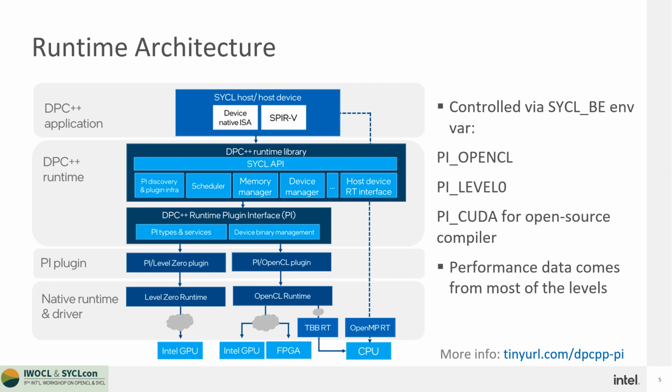The software runtime has a quite complicated architecture, and on the example of a DPC++ application, you might see that it has a high-level conversion of the DPC++ or SYCL application to the SPIR-V format. Then it goes to the runtime based on the SYCL API, and inside there are plugins for binary management, which can split execution either to an OpenCL-based runtime or a Level Zero-based runtime.